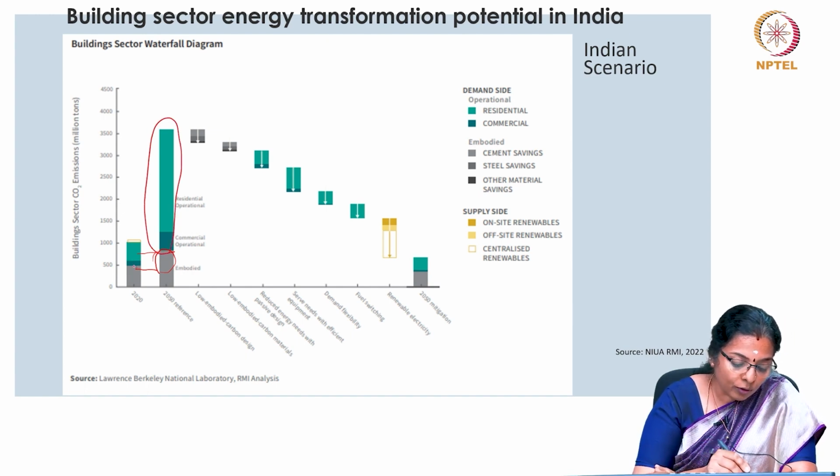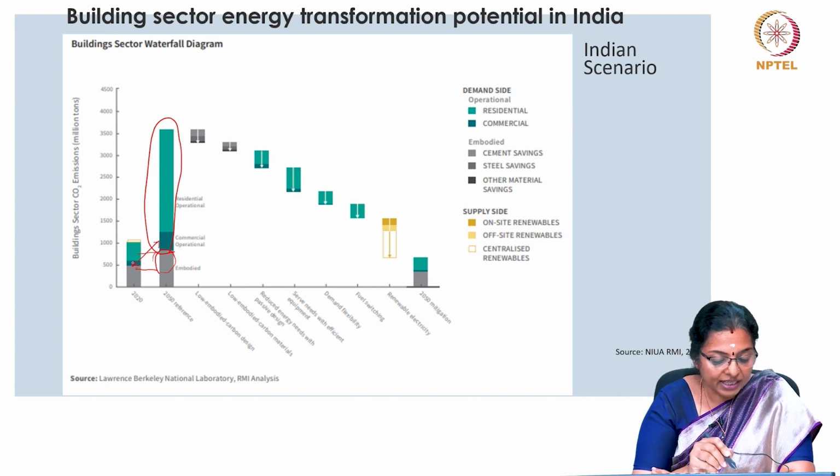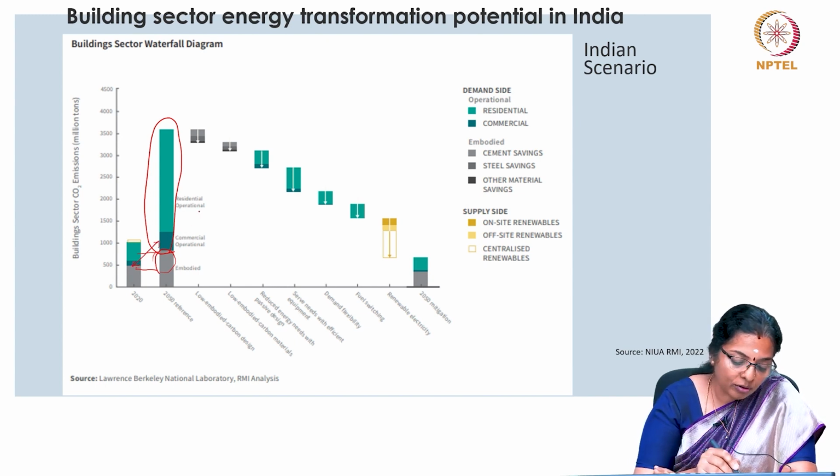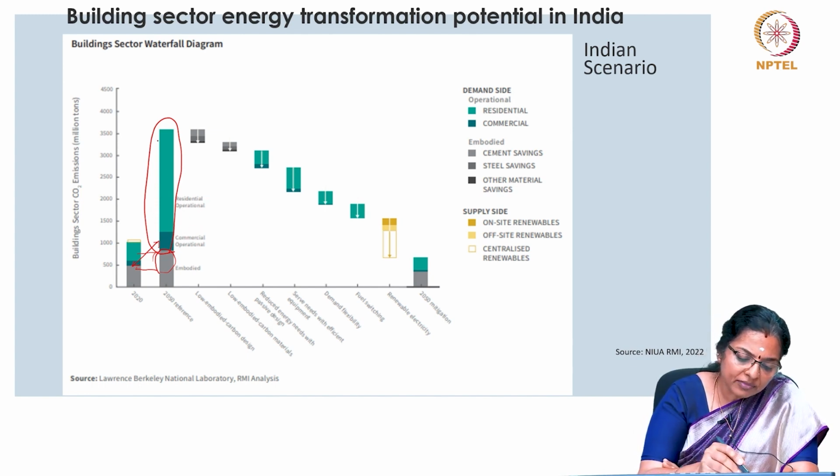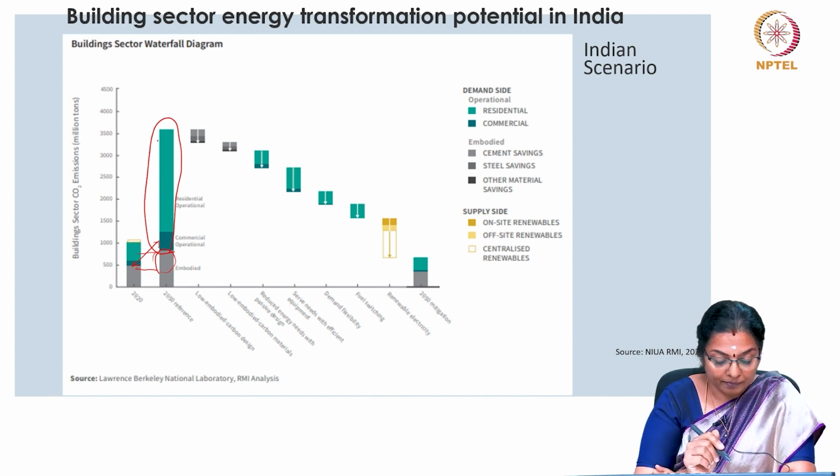The requirement for operational carbon projected increase is by about 4 times, whereas the residential operational is about 8 times.